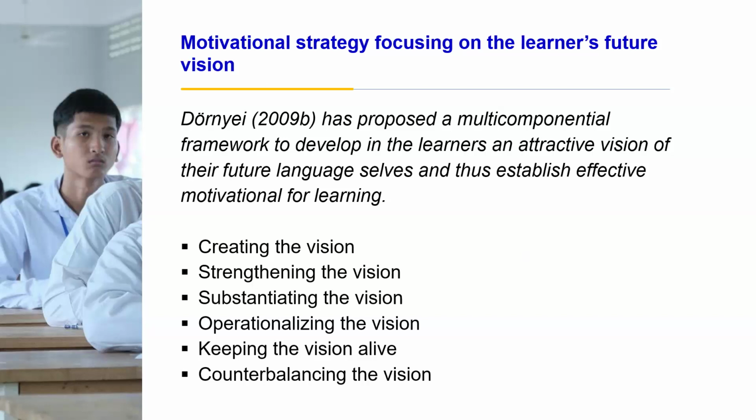Okay, the first point of the motivational strategy talks about focusing on the learner's future vision. They mention that learners need to make a future vision, or need to see themselves in the future.